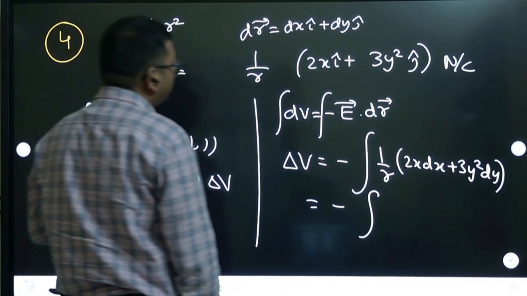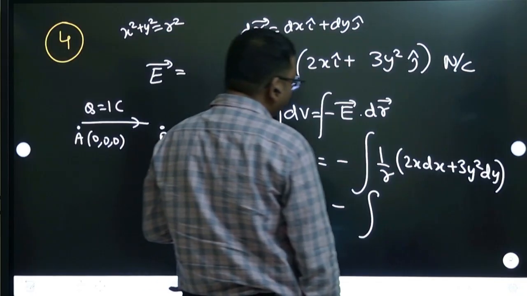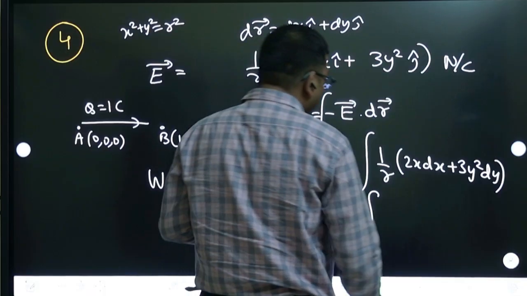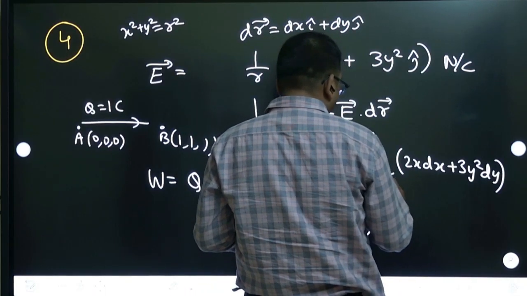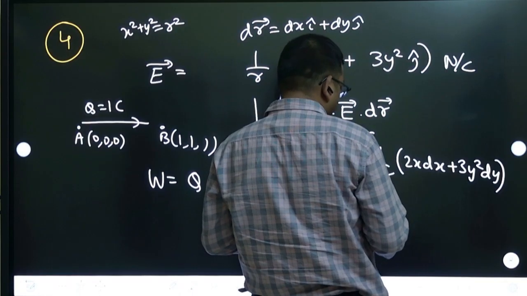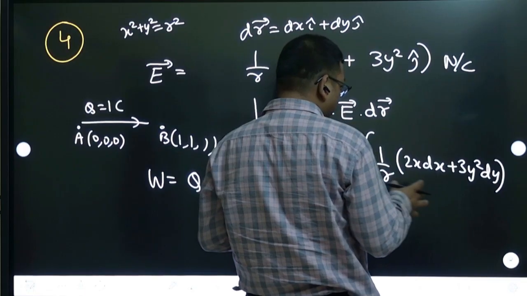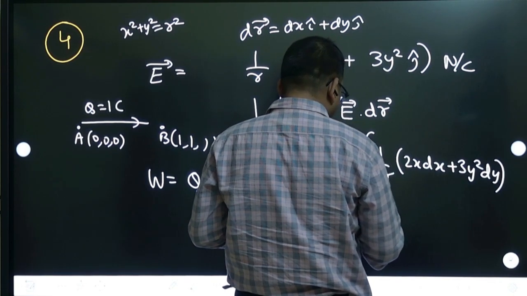How can we do the integration? We may try to break it separately. Let us break it separately. Suppose I take r as constant, then it will be easy to do the integration.